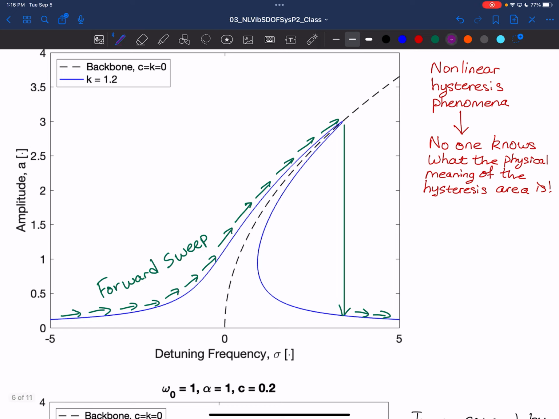If you were to do a backward sweep, we're tracking along the curve like this. And we'll get to right about here, at which point the response will jump up.